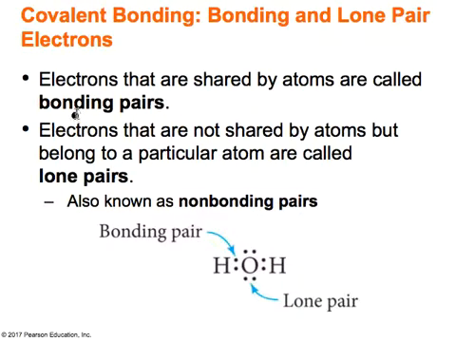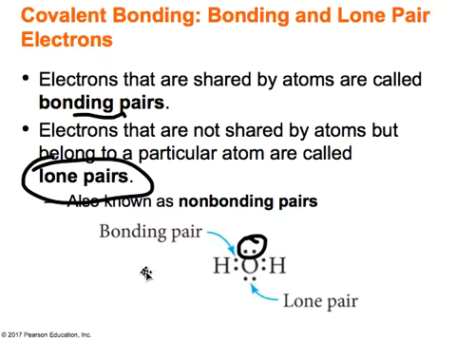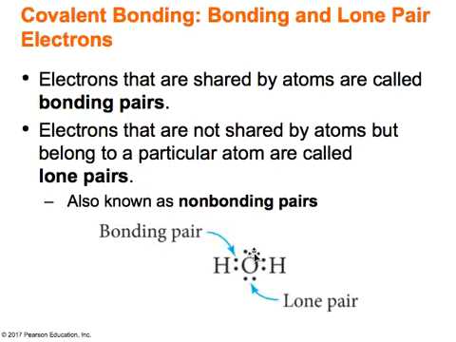We can see that here. We have bonding pairs, which are between atoms. Non-bonding pairs, also known as lone pairs, like the pair that's sitting all by itself in my room. Those are just non-bonding electrons. They still contribute to the shape, which we'll deal with more later, but they are not bonded to any other atoms.